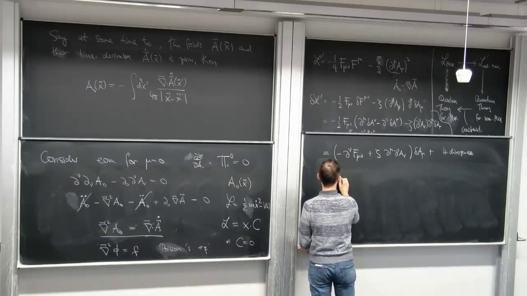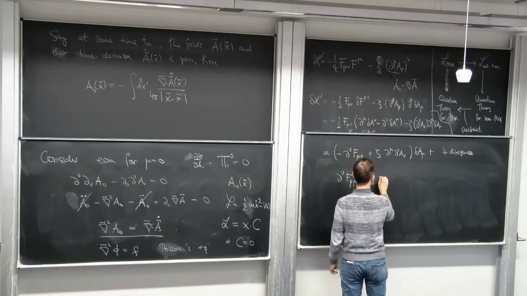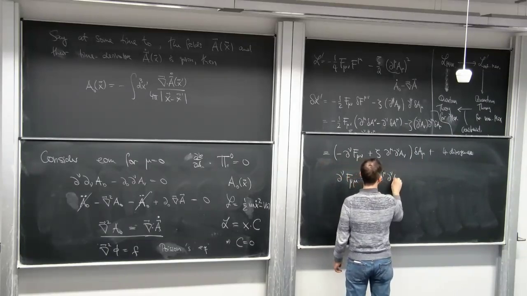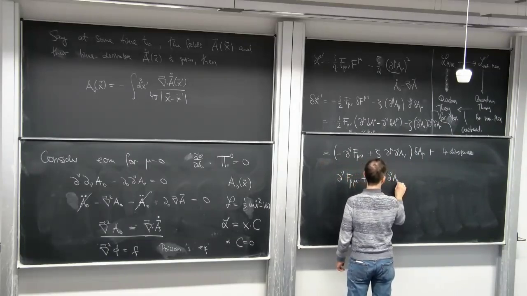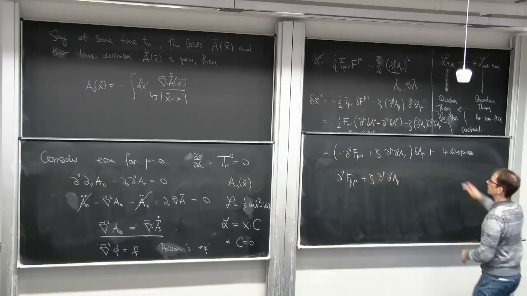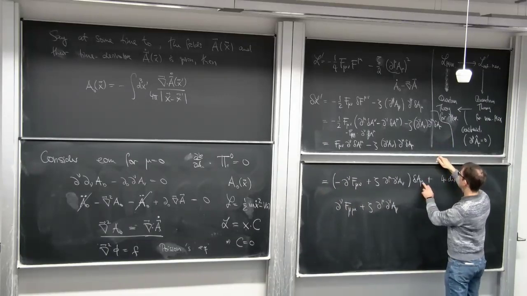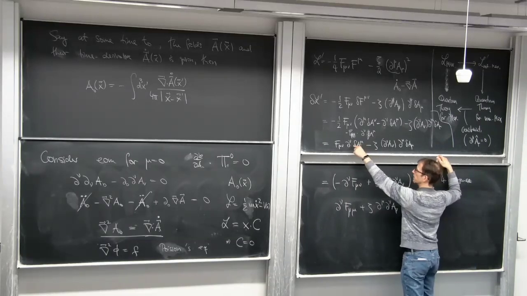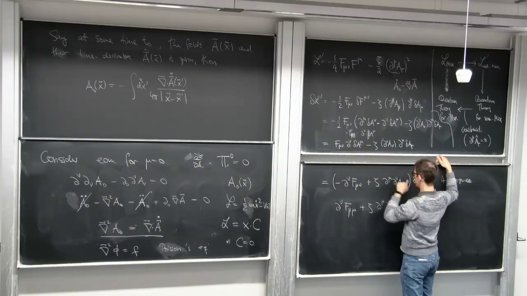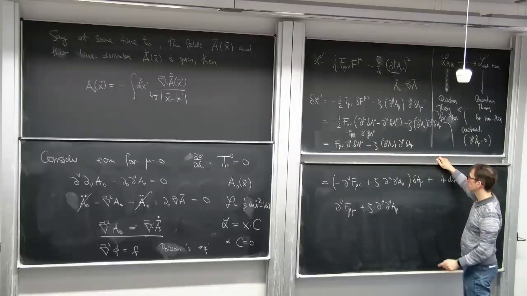If I turn this around, it looks like we have before, d mu F mu nu plus zeta d nu d mu a mu. And why is my index so weird? I'm so sorry. I can't pull this out because here it would be an upstairs index.